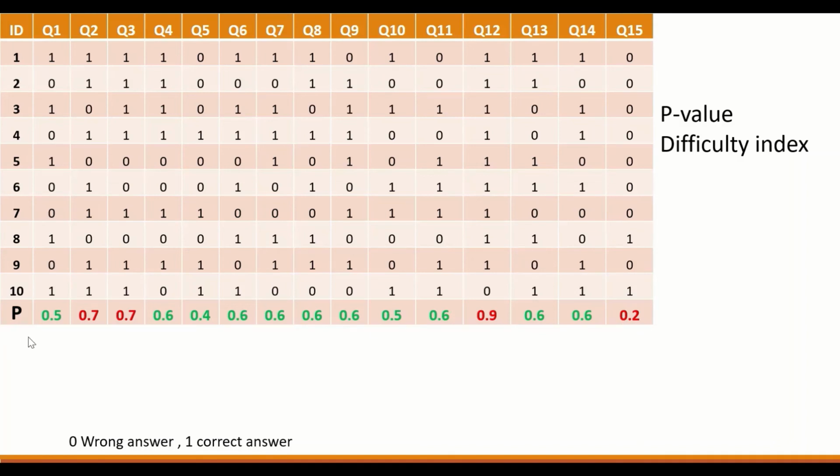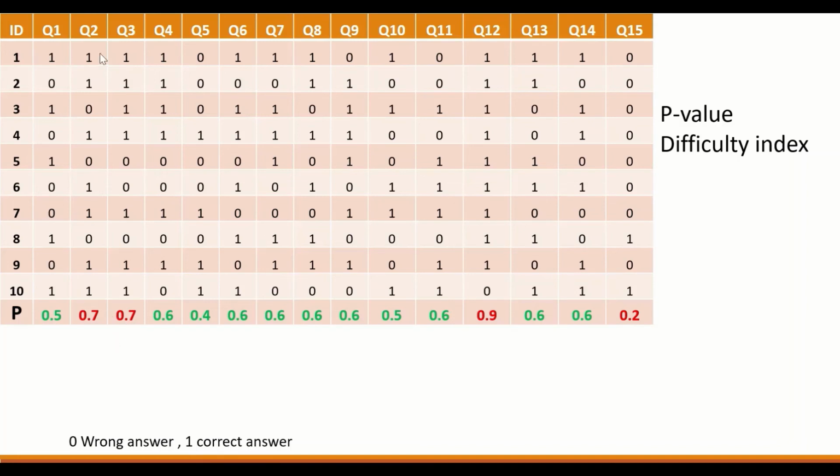From the p-value for each of these 15 questions, the questions can be labeled as either easy, difficult, or acceptable. For question number 1, the p-value is 0.5, so it is an ideal question within the range for a moderately difficult question.